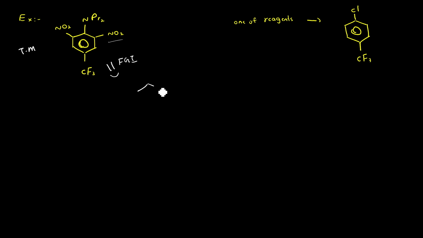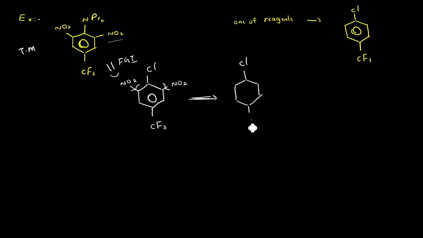What we will achieve is we will change our NR2 group into a chlorine, and the CF3 is the same, the NO2 group is there, and then you can do the disconnection through here. Now you will be left with these two synthons, and you have NO2 plus.